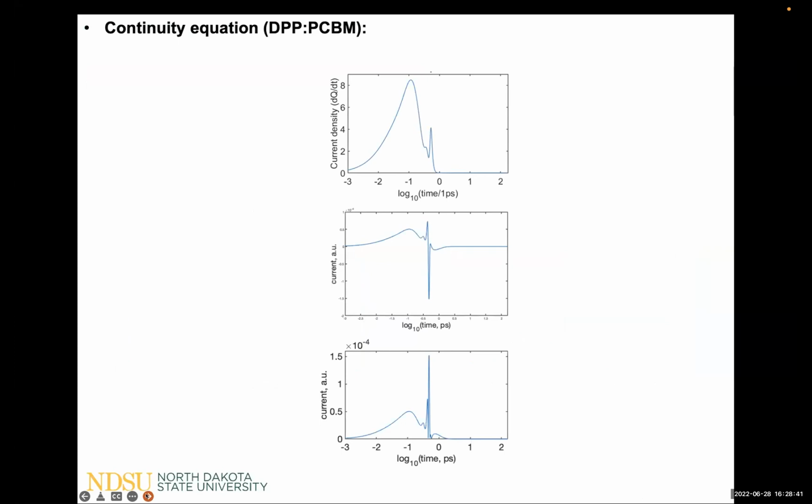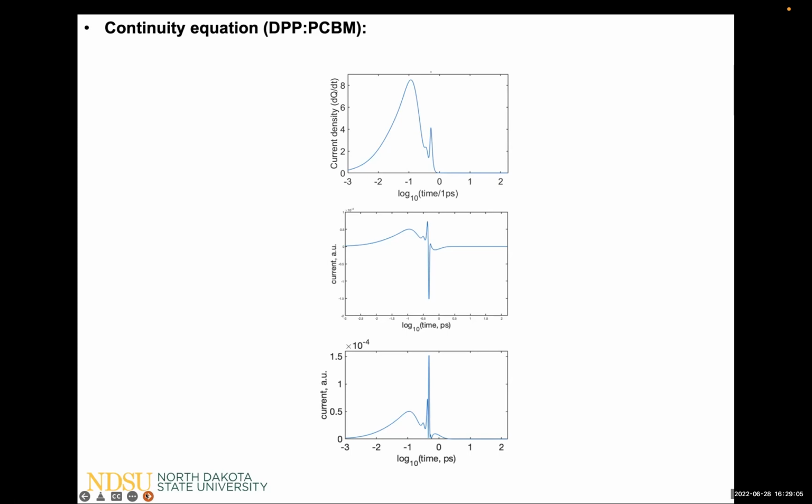Yeah, here the top results represent the current density calculated as the derivative of the dipole over time, and the bottom one is the current density calculated by the continuity equation.